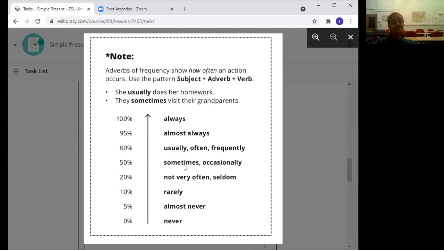So sometimes and occasionally would be right in the middle at 50%. Usually, often, frequently is at about 80%. Almost always is close to 100%, about 95%, and always is 100%. So everything between 100% and 0% here.